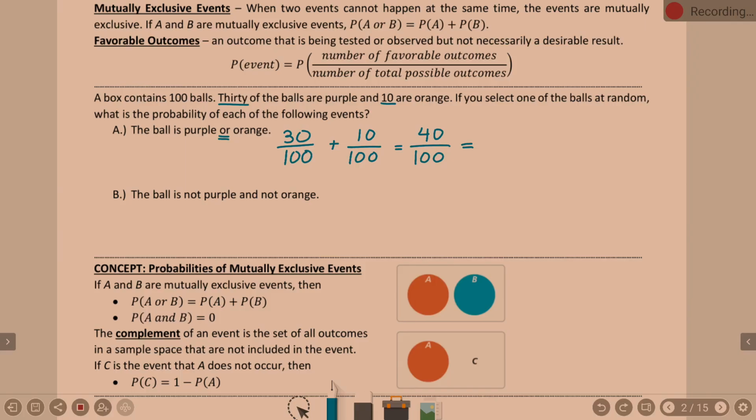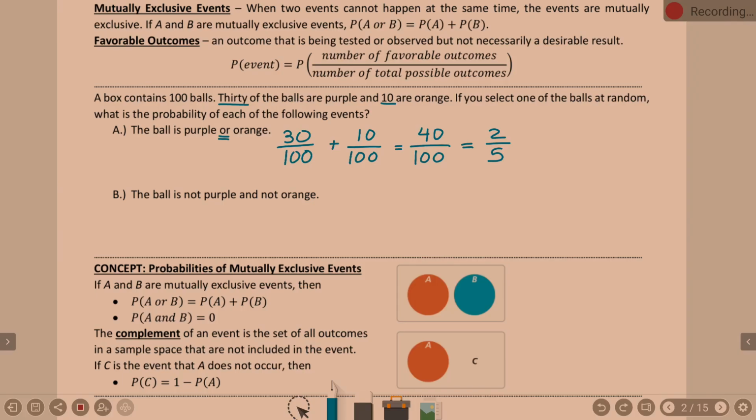Fractions. Keep going. Okay. So 40 over 100 reduces. We went through 20 over 50, 4 out of 10, 2 over 5, final result.